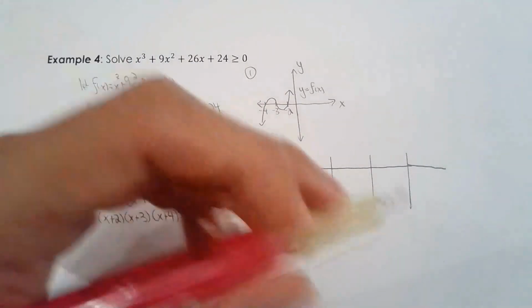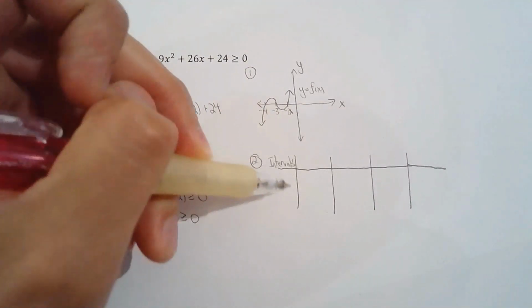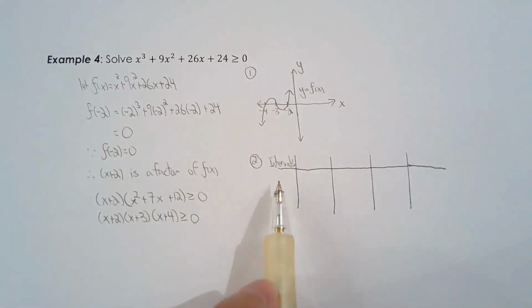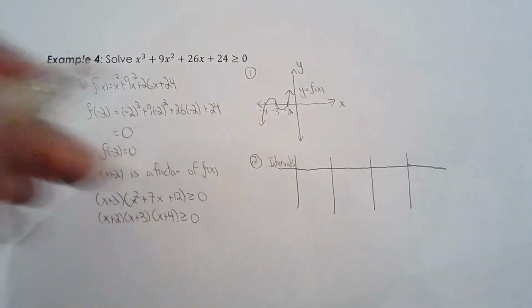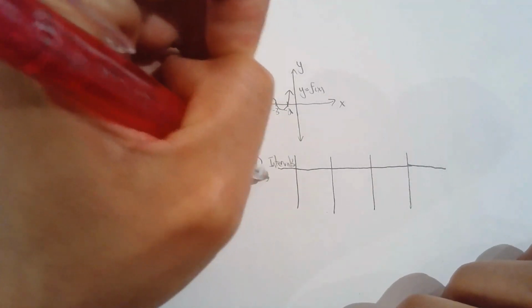It's a little more cumbersome, but it's up to you if you want to do it that way. Some teachers and some textbooks like to express every single factor: x plus 2, x plus 3, x plus 4, and then find the sign of each factor. They then find the sign of the product. I personally just find the sign of the product.